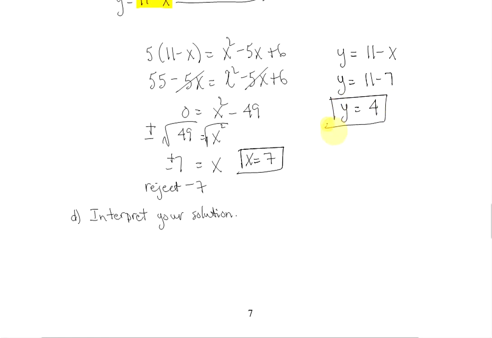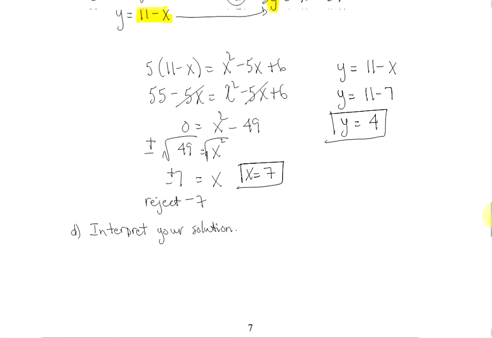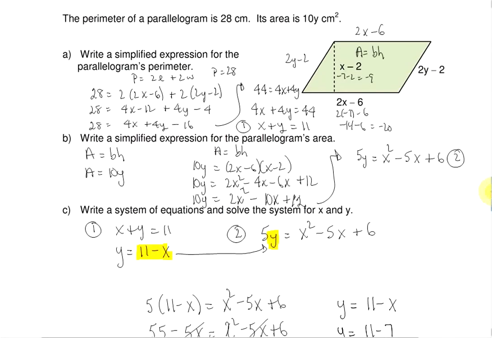All right, so we've written our system of equations, and we've solved for x and y. Now we want to interpret our solution. And what does that mean in context of our parallelogram? Well, what that's going to mean is what is the length, what is the width, and what is the height.